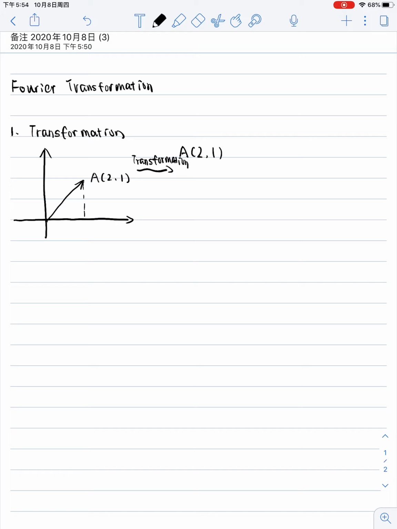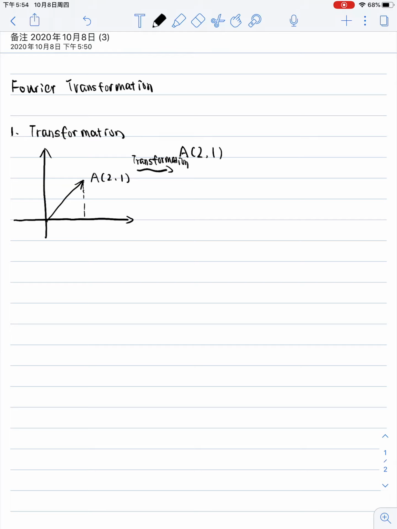Because we use this kind of way to express a vector in the coordinates, it is easier and can be used for calculation. It can make our calculation simpler, and it will be helpful in real practice.